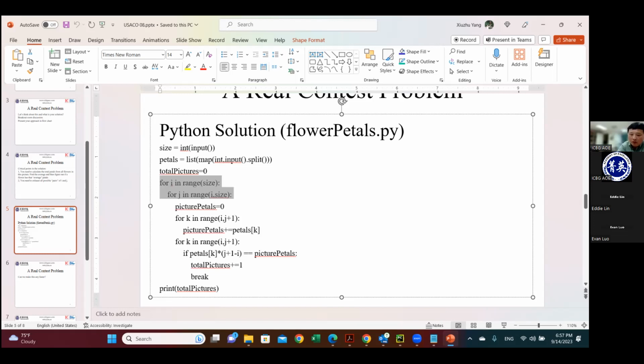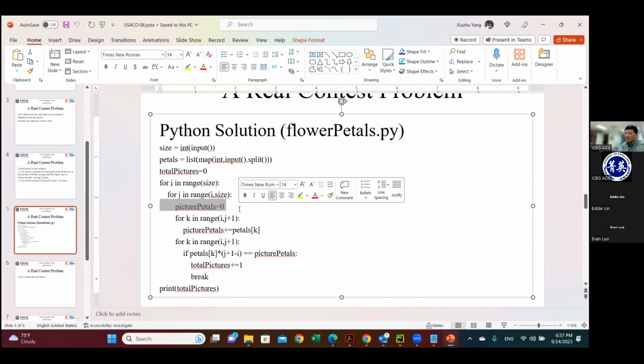So this gives you all the combinations from I to J. Okay, and then this one is just the total petals you have. The first thing, you always try to set it to 0. Then you count each flower within that pair, and you get the total.